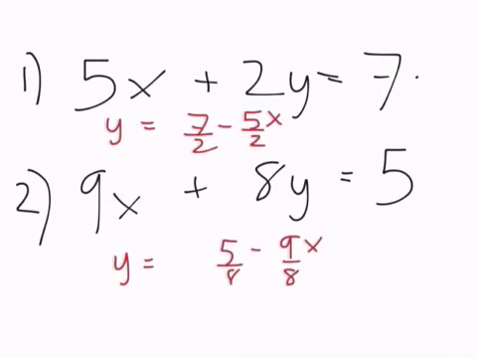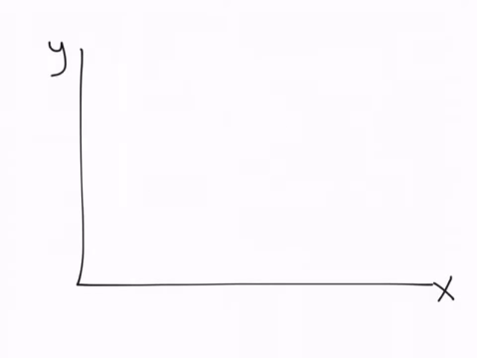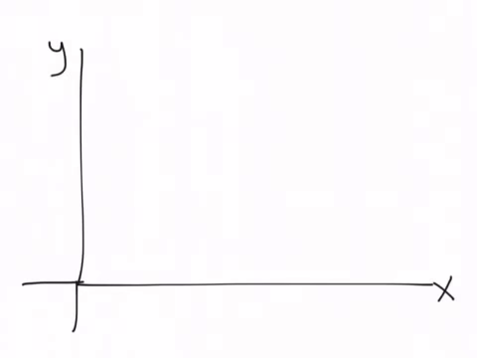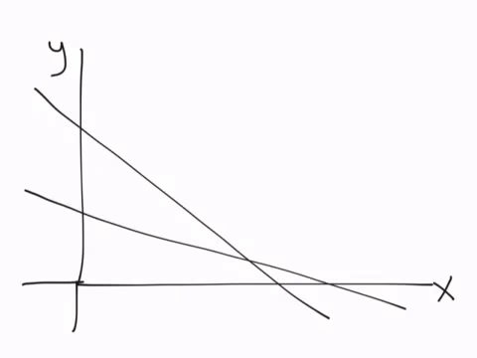I'm not looking too much in detail at what these equations are when I graph it, but it's going to be something like this. So we graph it, say this is equation 1, this is equation 2, and then we find the point where they meet, i.e. the point where they're both satisfied.